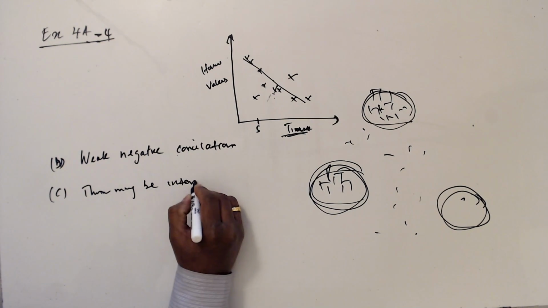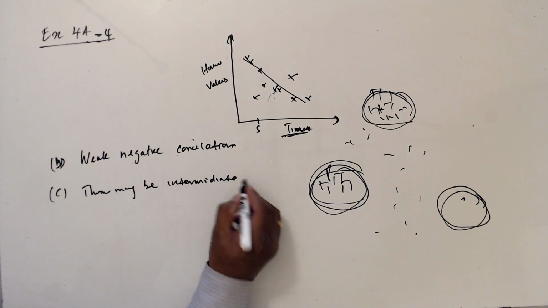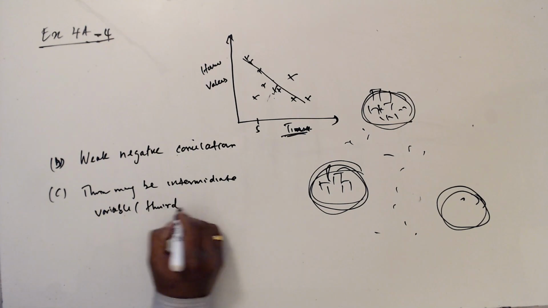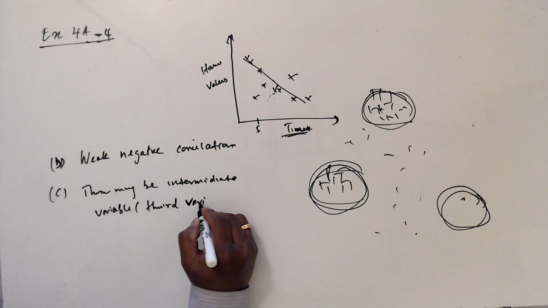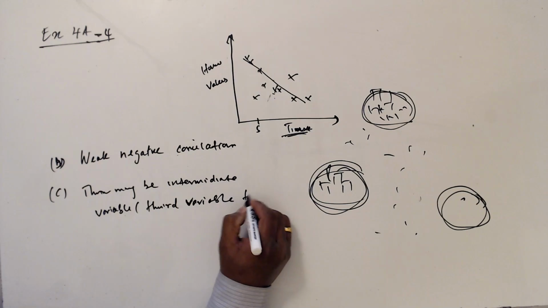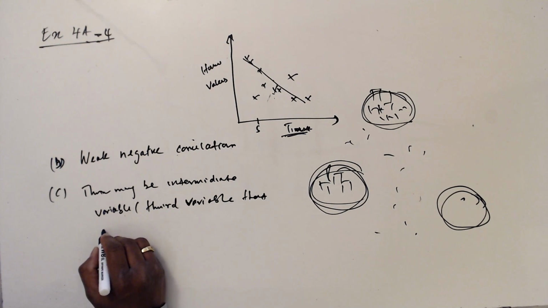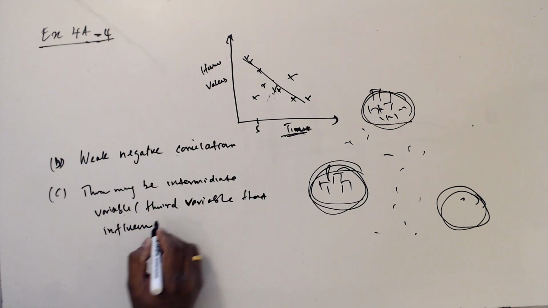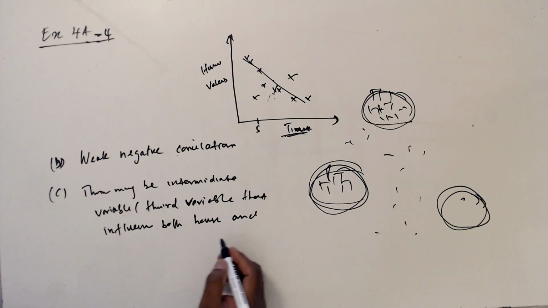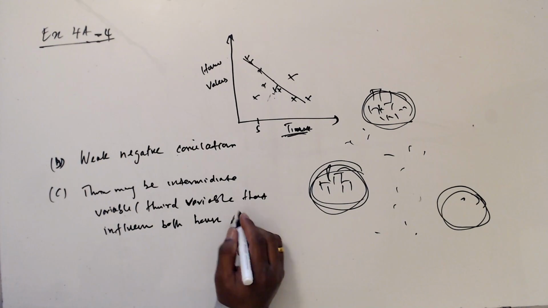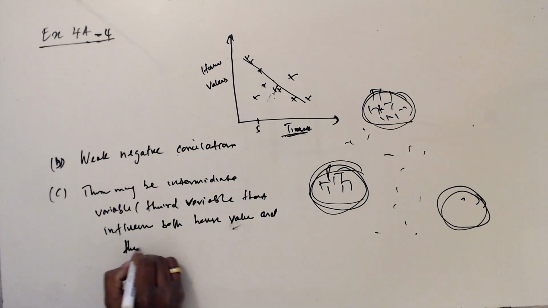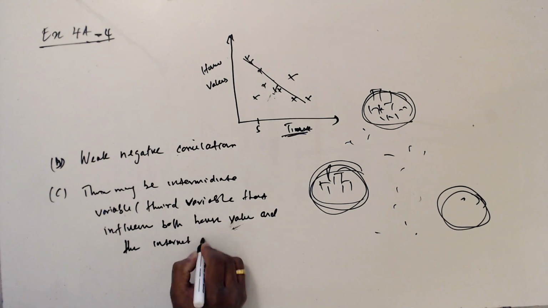Maybe an intermediate variable or third variable that influences both house values and the internet speed.